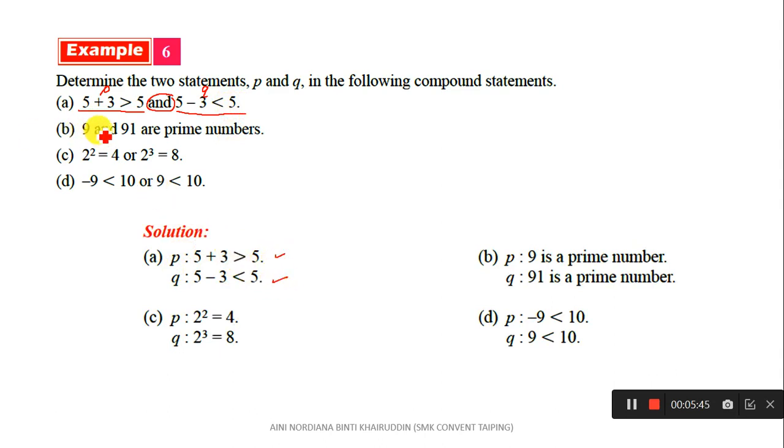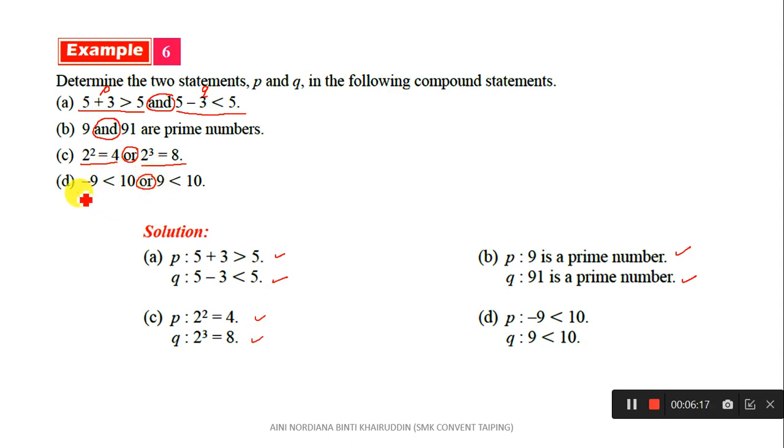For B, the word "and" here. So P: 9 is a prime number. Q: 91 is a prime number. Okay, for C, the word "or" here. So this is P, this is Q. Here also there is the word "or".